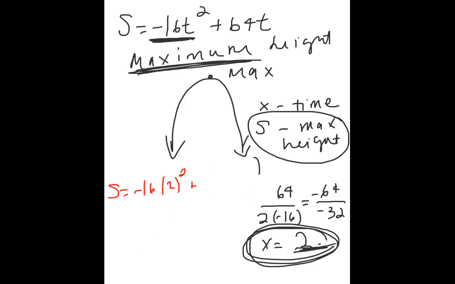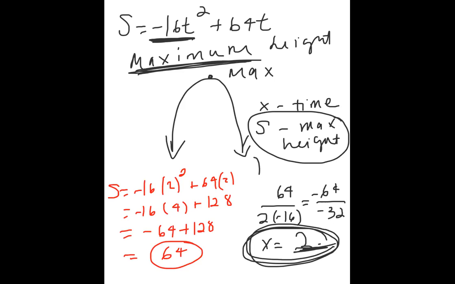Okay, remember the 2 represents how long it takes for the ball to reach its maximum height. 2 squared is 4. 64 times 2 is 128. 4 times negative 16 is negative 64. Negative 64 plus 128 is 64. That is the maximum height, guys. And feet, they give you this. It's going to be 64 feet. Okay, that's your answer. Be careful.